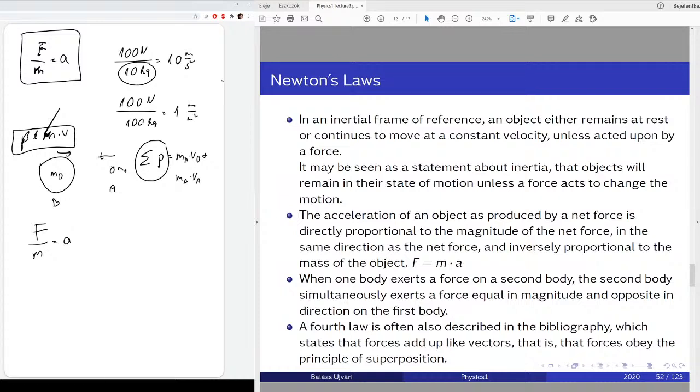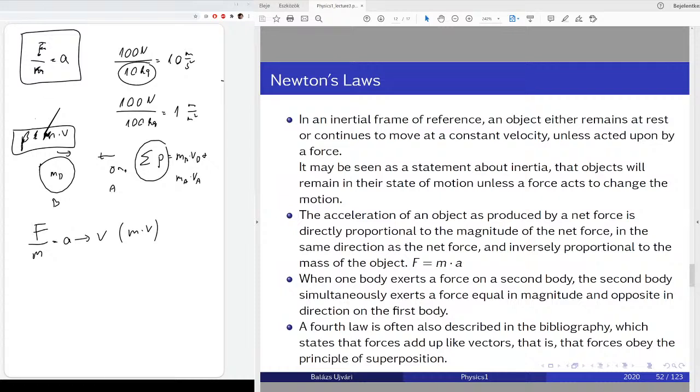From the acceleration, you can calculate how the velocity, or in this case the momentum, will change. So F equals m times a connects the forces with the acceleration, and how we started this lesson. From the acceleration you can calculate how the particle will move.